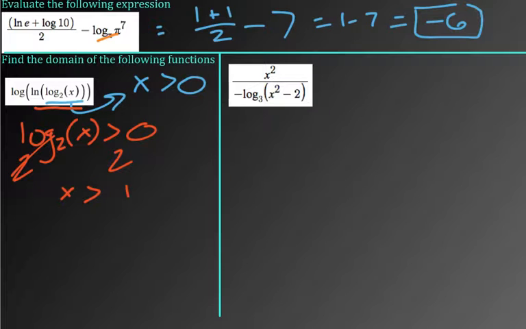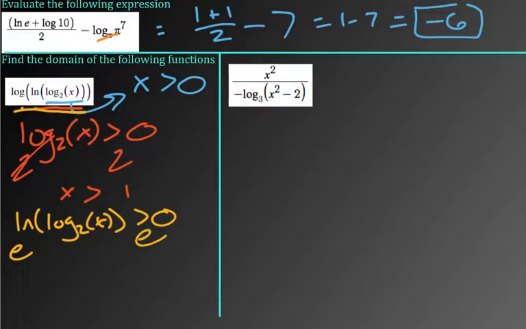So we're done with that one. And then the third and final one is this common log, log base 10, and we have natural log, log base 2 of x as the inside thing here. Set that greater than 0, do e to both sides, cancels there, log base 2 of x is greater than 1, and then same thing, 2 to both sides, x is bigger than 2.